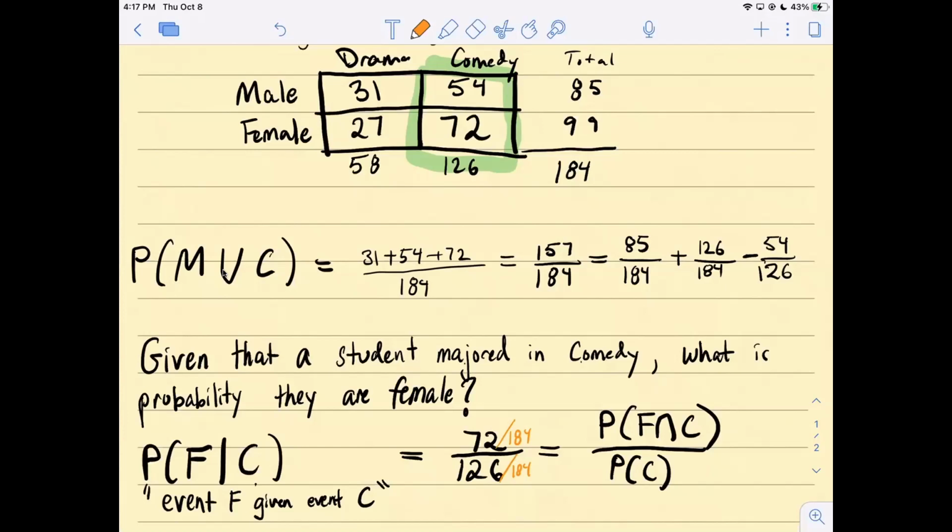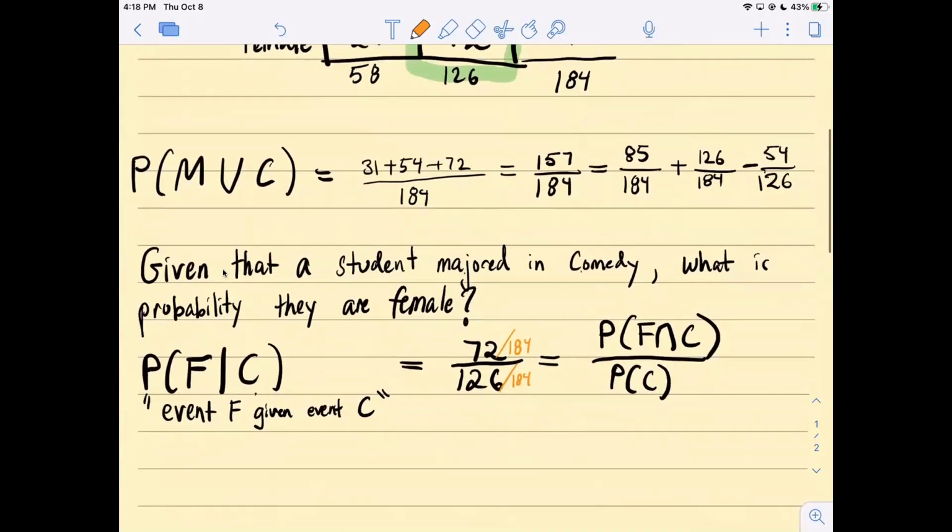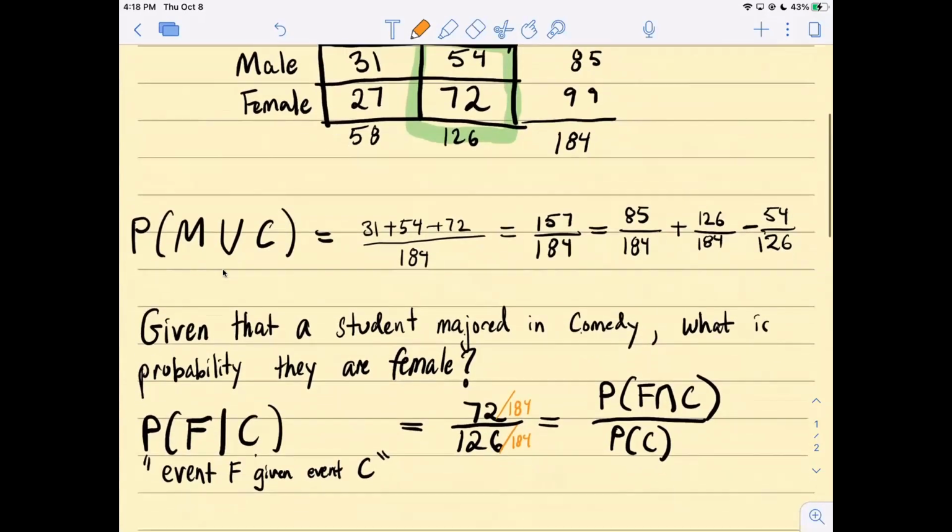Because it's just a proportion, right? It's the fraction of people that are both female and taking comedy majors over the fraction of people that are comedy majors.